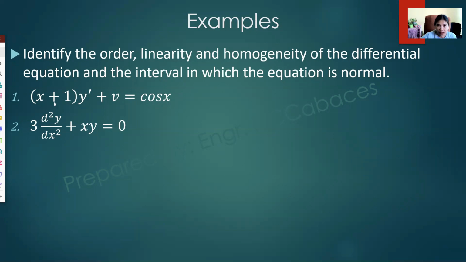Because if x is negative 1, this b0 will become 0. For number 2, we have here the value 3. So it is normal on any interval because it will never be 0. Okay?